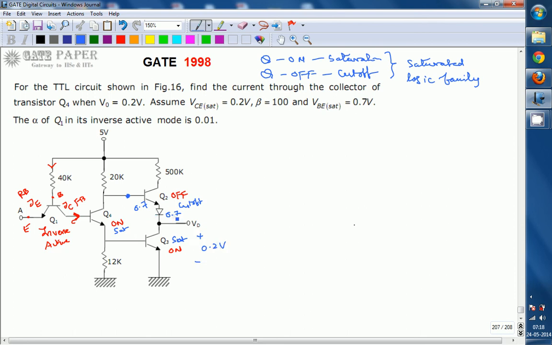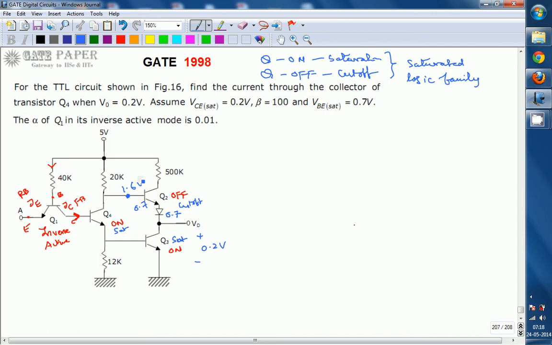So 0.7 plus 0.7 plus 0.2 gives 1.6 volts over here. At that voltage, whenever Q3 is on, Q2 is also in the on condition, even though Q3 is on.